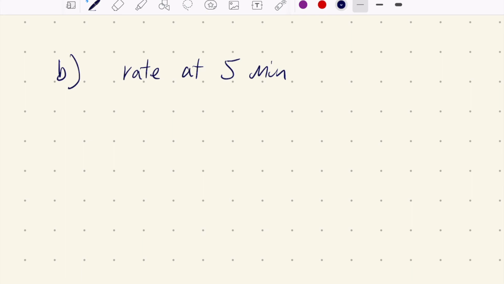Last part, rate at 5 minutes. So since this is an instantaneous rate, we have to derive. So dm over dt equals 1 minus 4t. Time is 5 minutes.